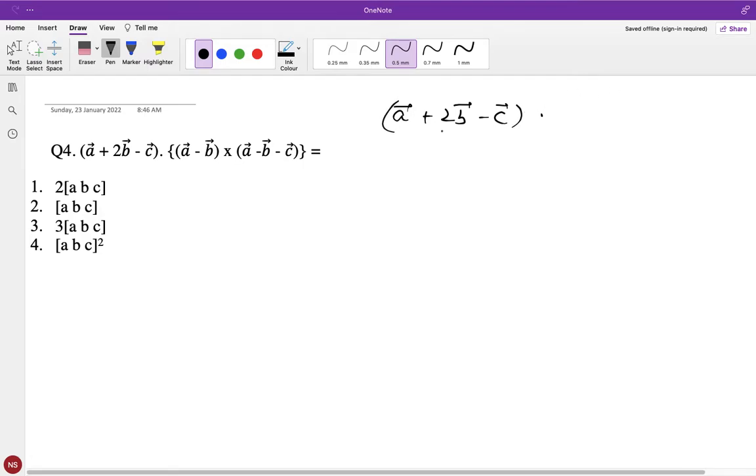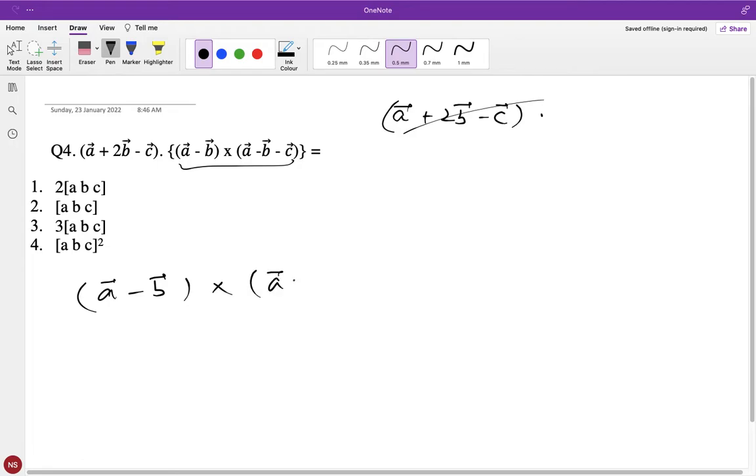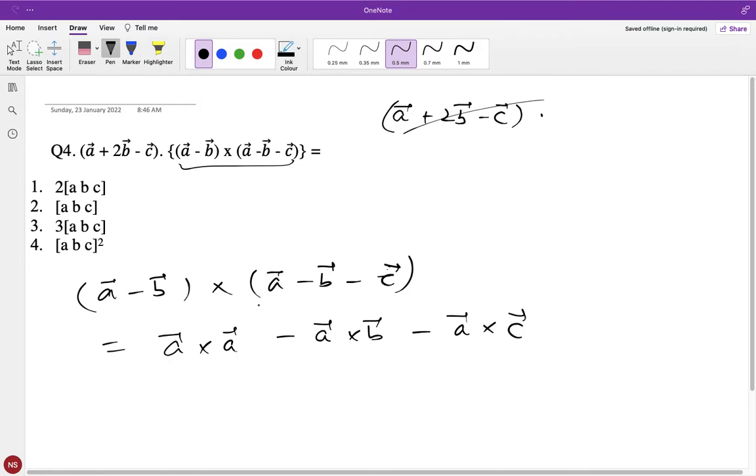Dot this. So first I will look at this vector, which is A minus B cross A minus B minus C. I will just open the brackets. So this is A cross A minus A cross B minus A cross C minus B cross A plus B cross B plus B cross C, right?